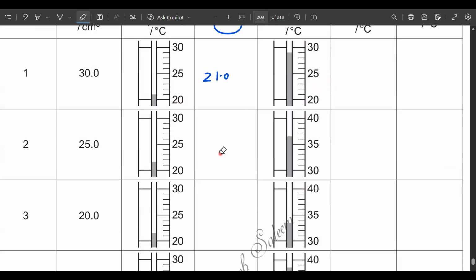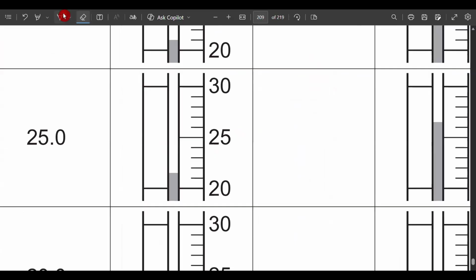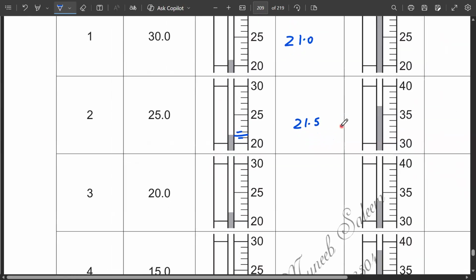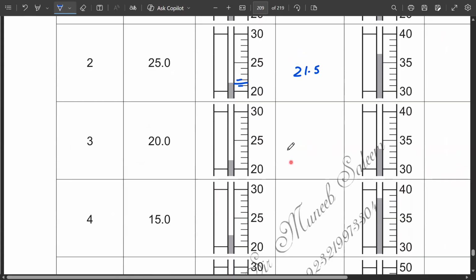Okay, then for the next case, it is 21.5. If I take it closer, it is in between these two lines, so it is 21.5 degrees. Then next, we have 20.5.